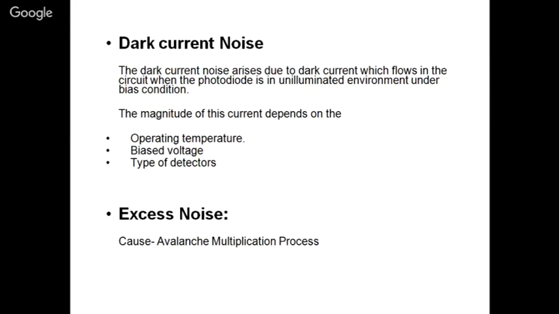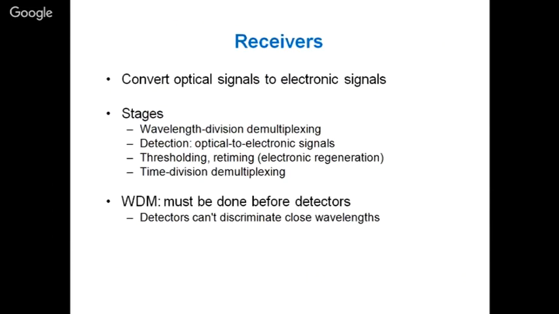And excess noise, even in a PIN, is due to the avalanche multiplication process also. Sometimes there is noise. So what have we studied the detector for? Ultimately, you want to make a receiver. The light coming from the optical fiber may have been modulated for sending you an encyclopedia, or it may be from a TV channel, a TV program, or data.